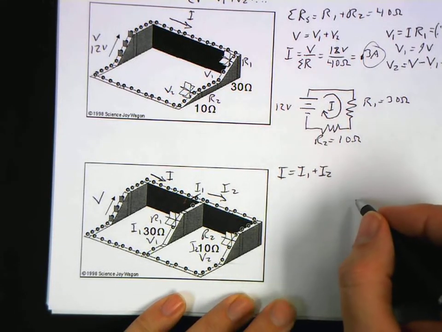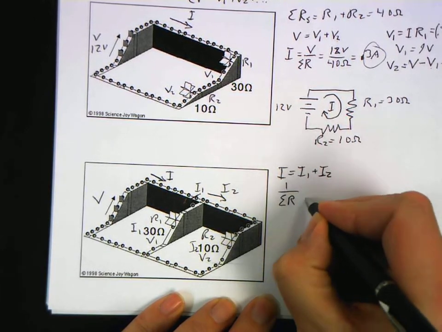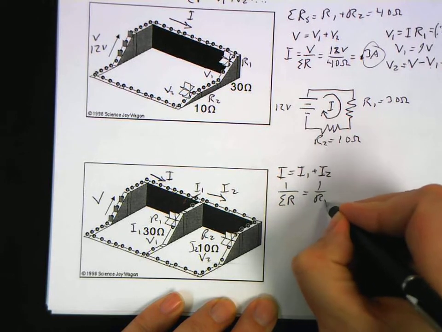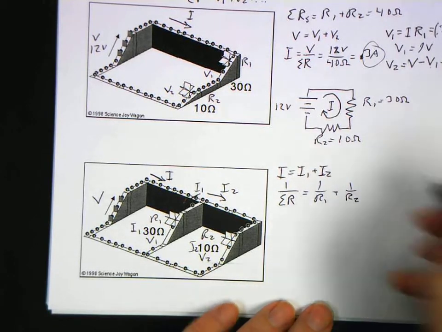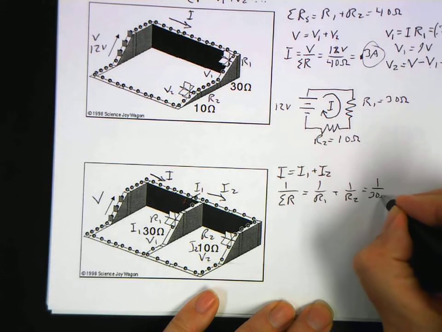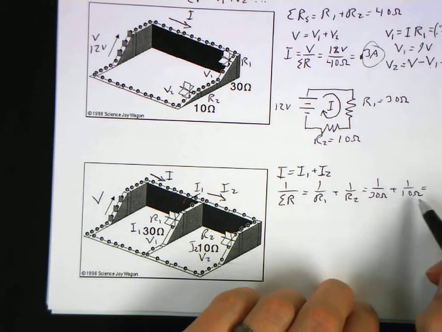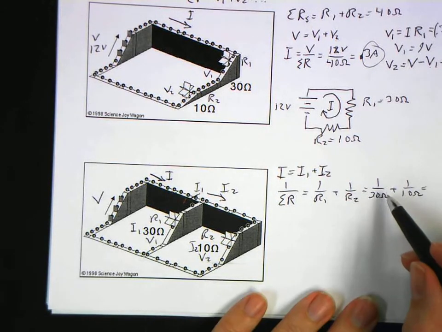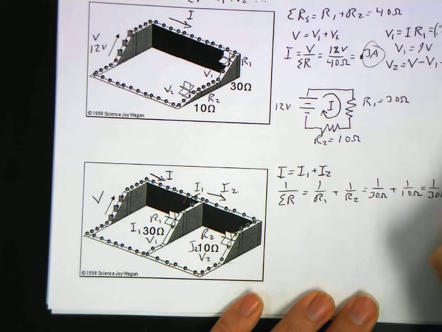Okay. Now, my equivalent resistance, 1 over the sum of my resistances, is equal to 1 over R1 plus 1 over R2. Luckily, there are not more of them. And so that means it's 1 over 30 ohms plus 1 over 10 ohms. All right. Need a common denominator, so that's 1 over 30 ohms plus 3 over 30 ohms.